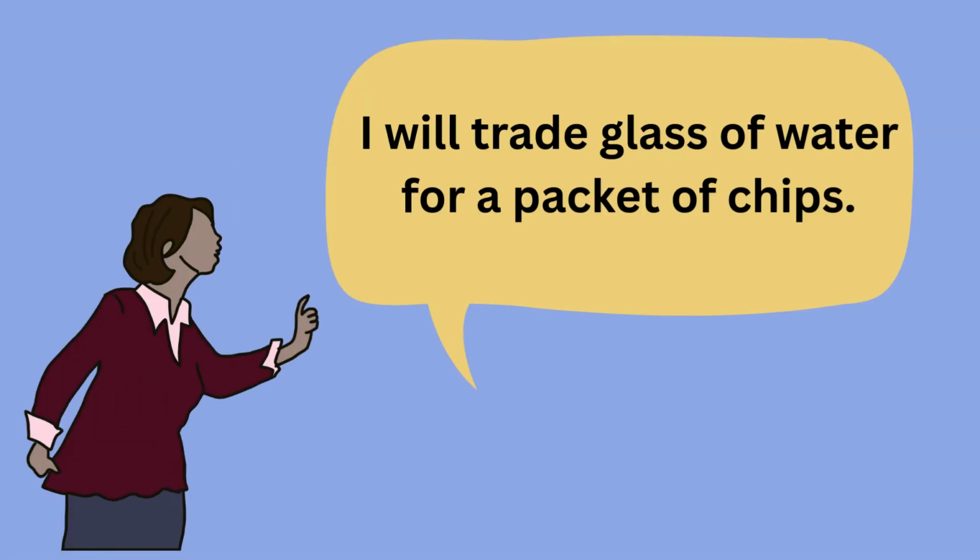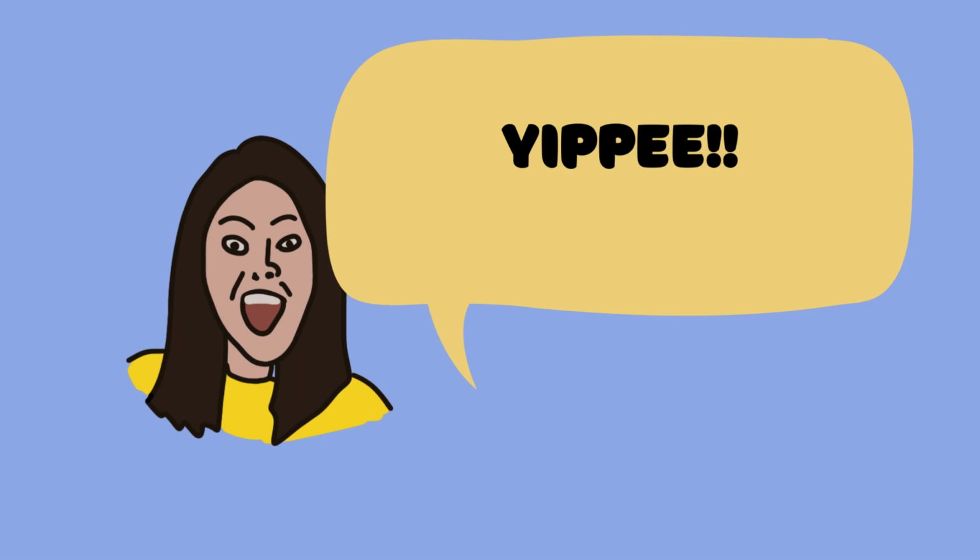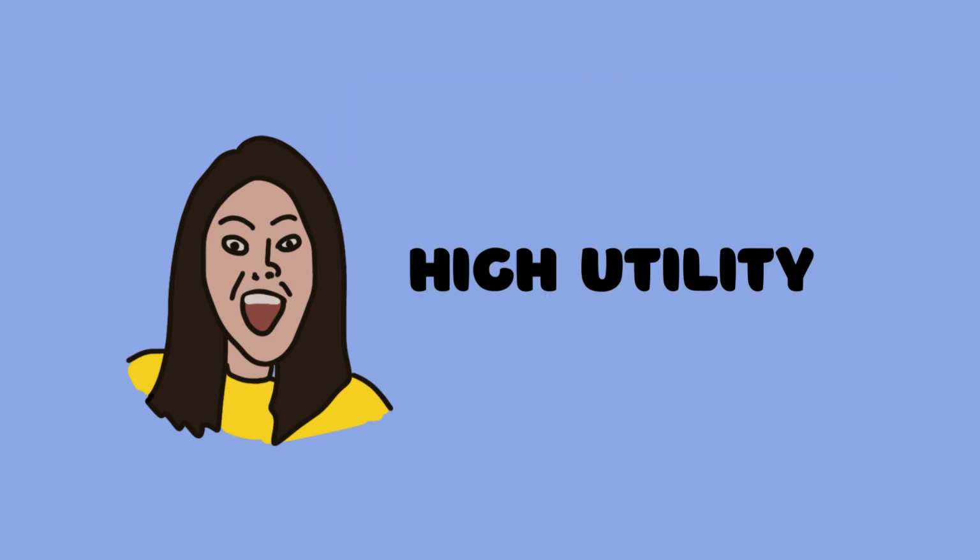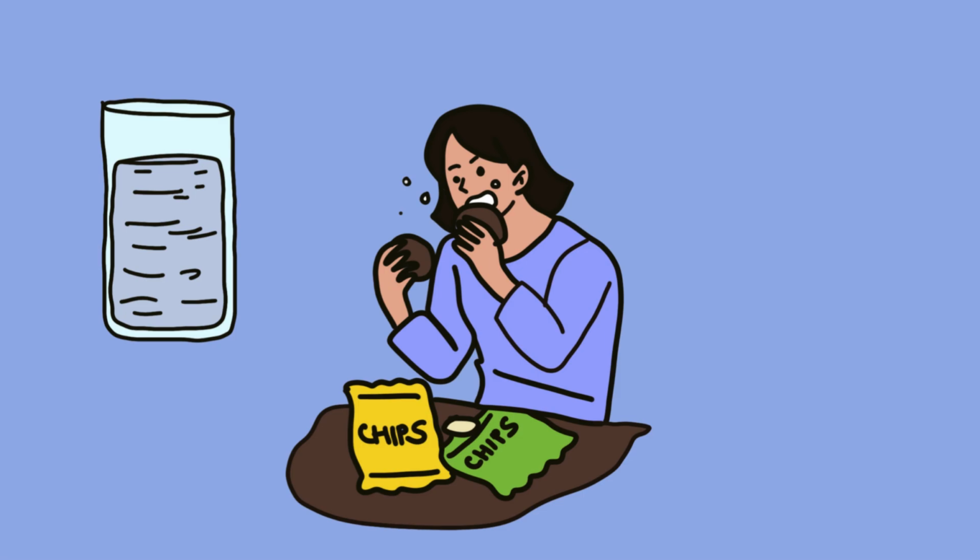For example, assume you start with 11 glasses of water and one packet of chips. A person comes to you and says, "Hey, I will trade as many packets of chips as you want for one glass of water." Initially, you give up one glass of water for one packet of chips. You finish the packet of chips and you feel very happy. Thus, the satisfaction or the utility that you derive from eating that packet of chips is quite high.